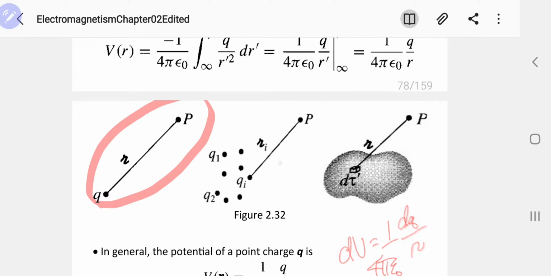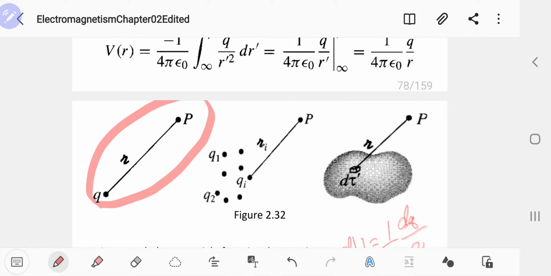This is the R that I'm talking about. Of course, in figure 2.32 you can see one charge on the first, on the second you have several charges, and on the third you have a continuous distribution of charge.